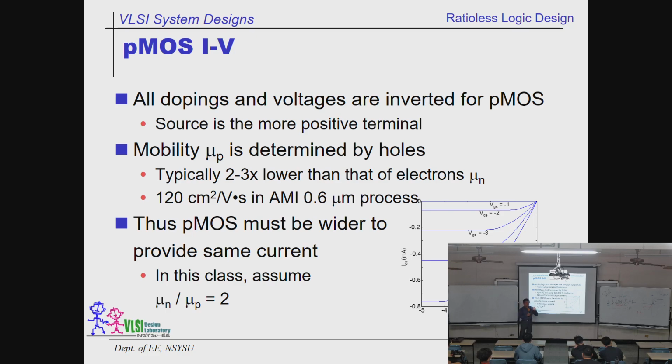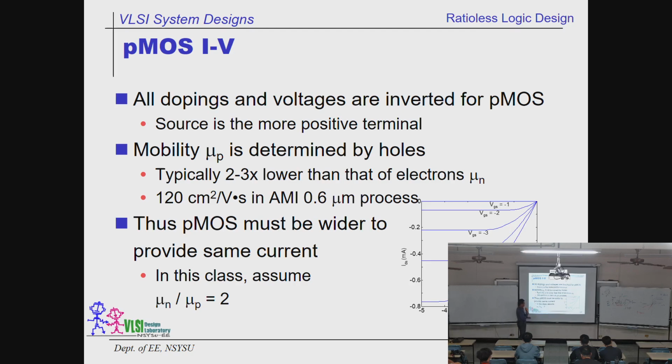So given the same size, we are going to have only half of the current from P transistors. If we want to balance it, we have to increase the size of the P transistor in order to have the same magnitude of currents. That's usually why we increase the PMOS transistor size to be double that of the N device.